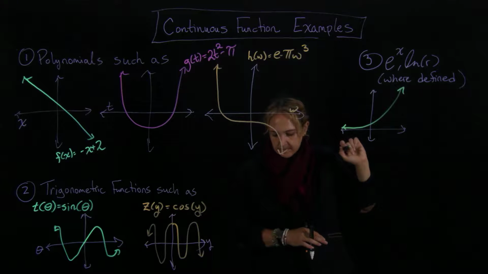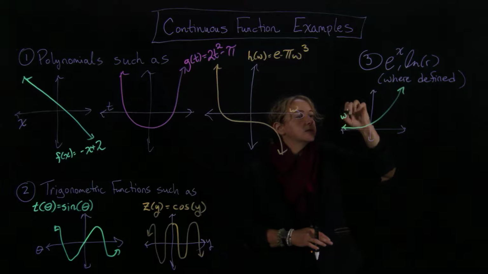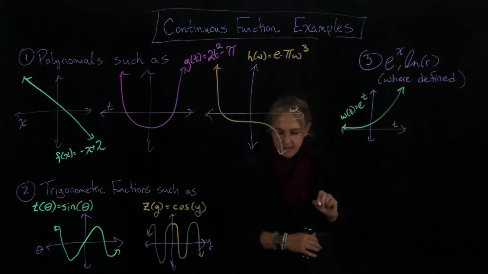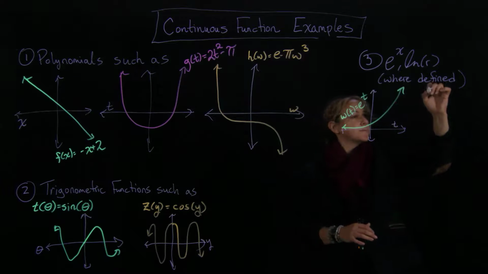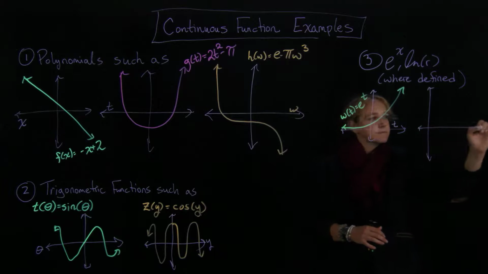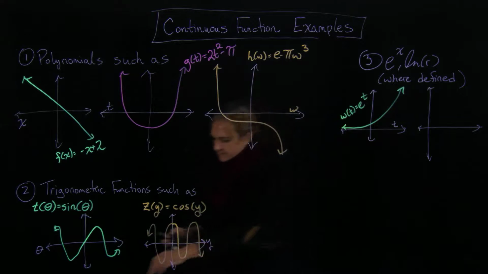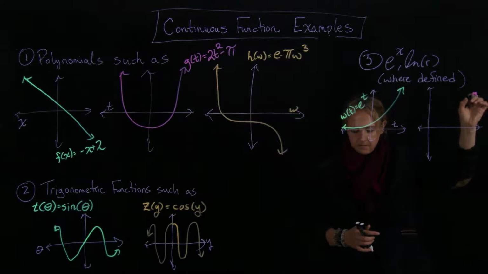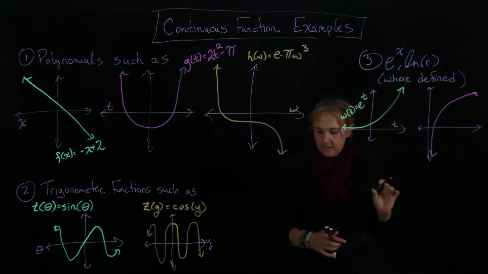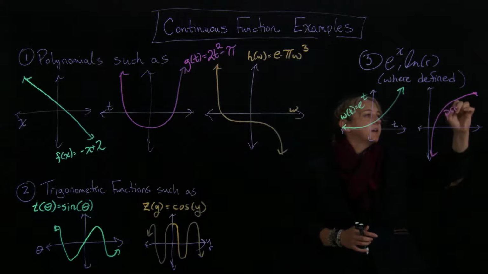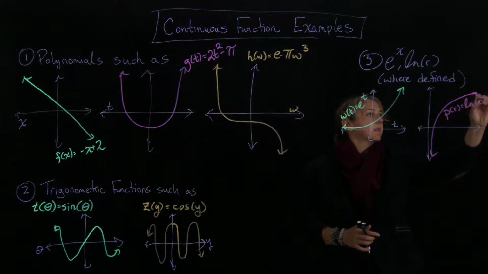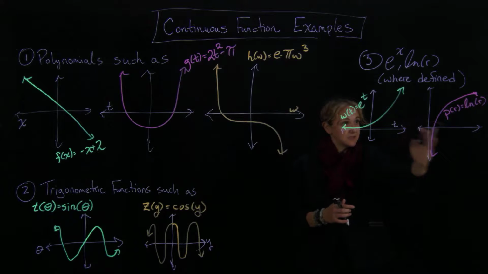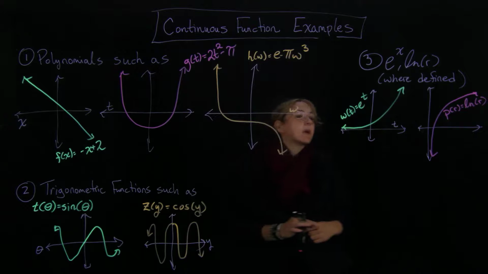This one is w of t equals e to the t. And then maybe this is P of R equals ln of R. Notice that it's not defined for negative numbers, but that's okay. Its domain is just the positive real numbers.